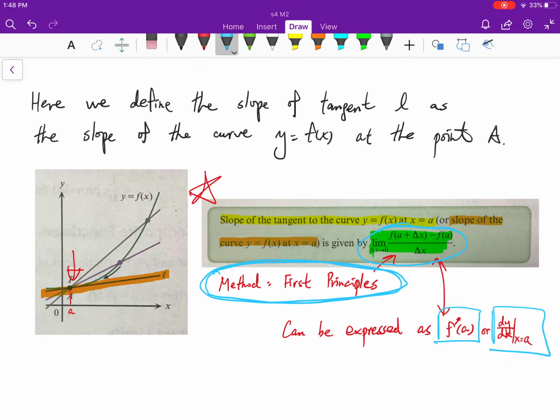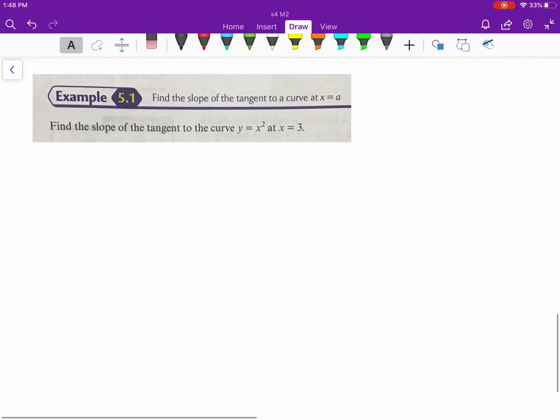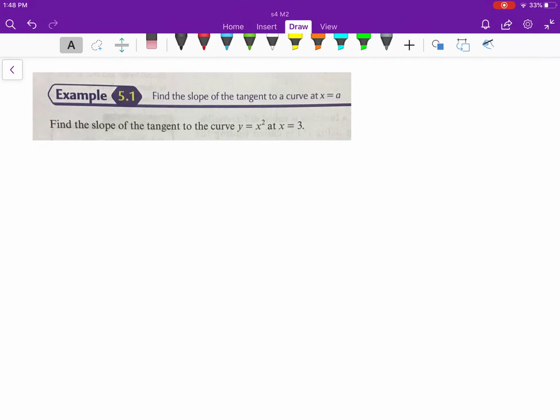The second, this expression is equal to this too. You can write this as the slope, or f prime of a, and this is what we call dy/dx when x equals a. We'll talk about this more in the next part.